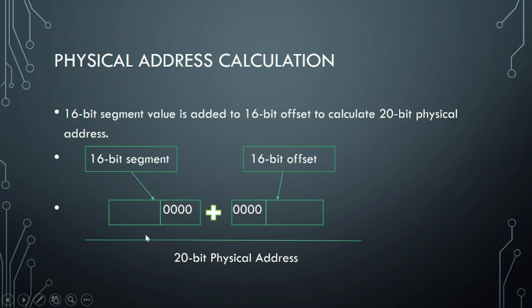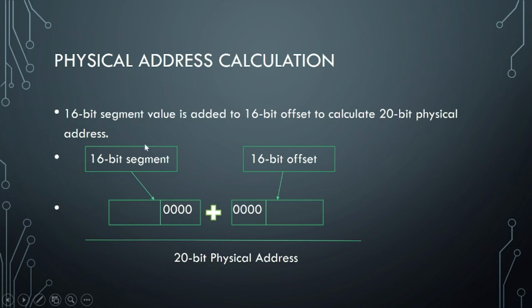So what we do? We make the lower byte of the segment as 0, as 0 has no effect, and the upper byte of offset. When 16-bit segment is added to 16-bit offset, the result would be 32-bit. But we need answer in 20-bit. So what is done?